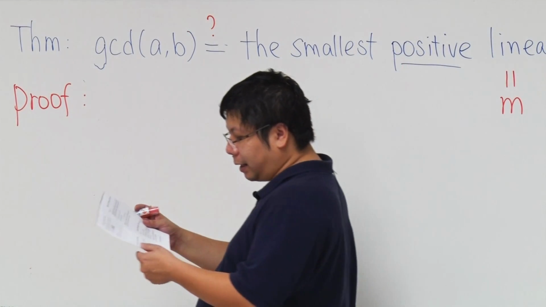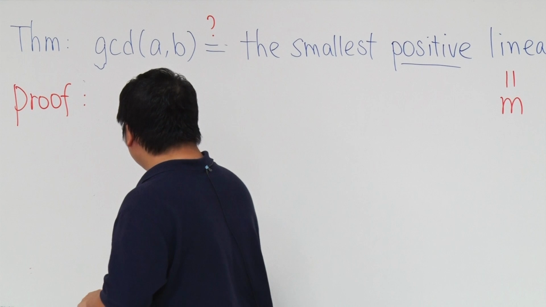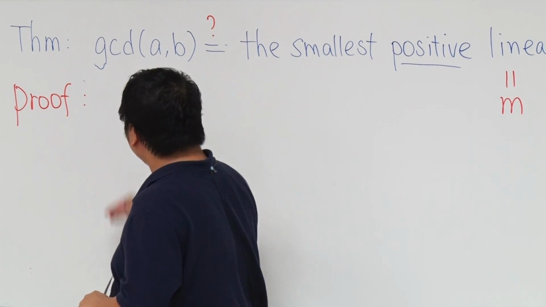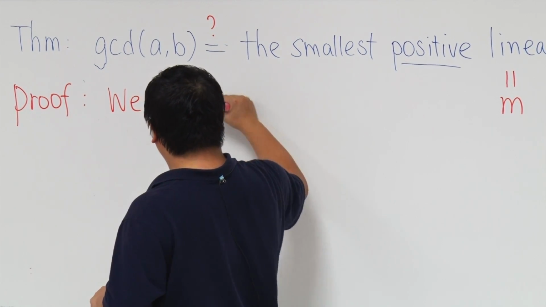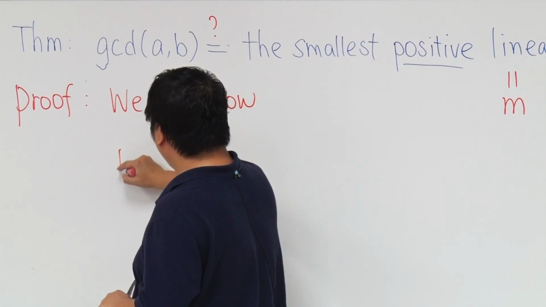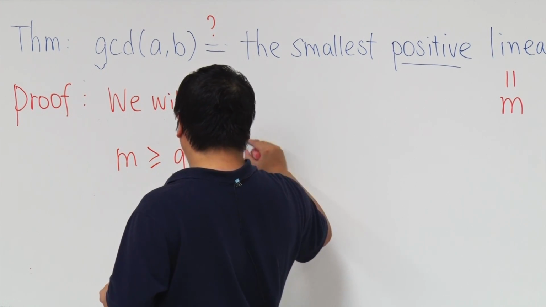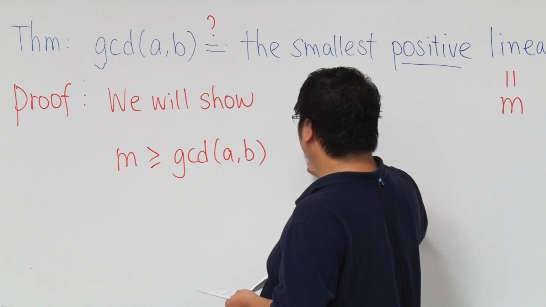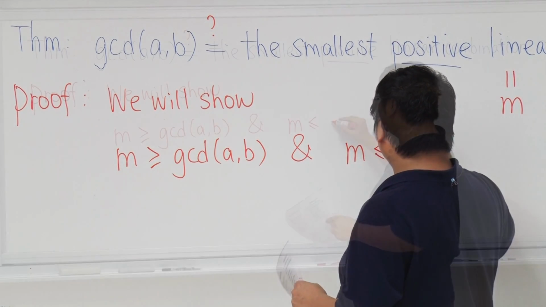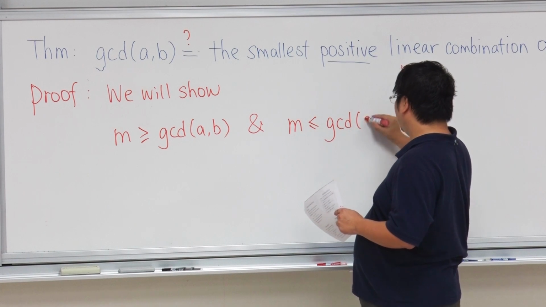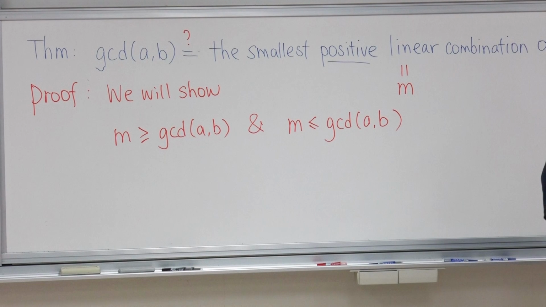And the idea here is that this is the target. Let me write down, we will show: 1, M is greater than or equal to the GCD of A and B, and 2, M is smaller than or equal to the GCD of A and B. Is that okay?